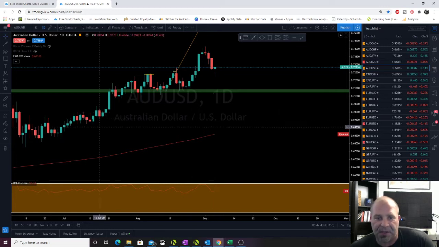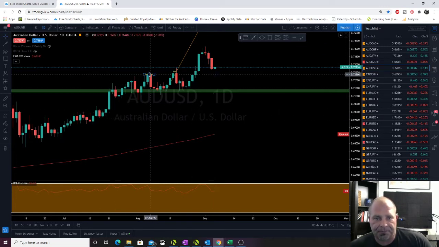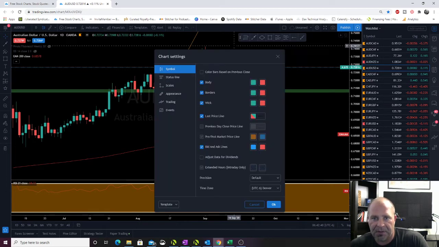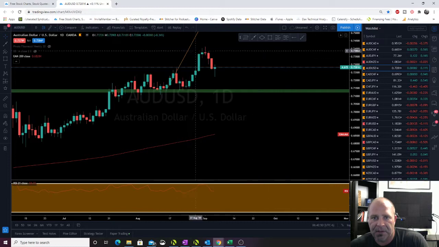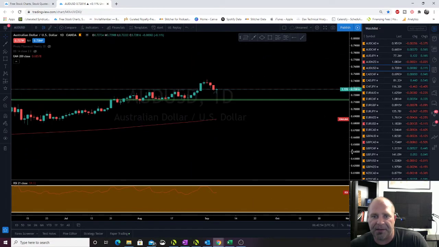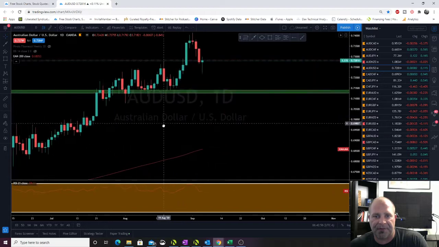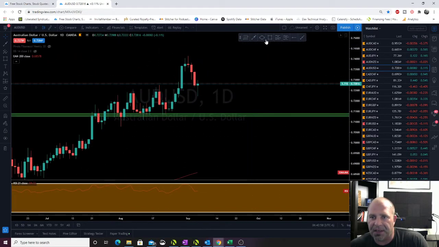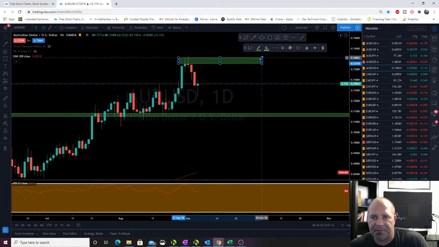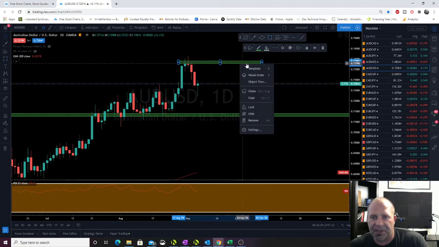Australian dollar, US dollar. I think I like where we have our bullish zone. Let me clean up my charts. All right, I like that. Looks like we got rid of our bearish zone. I'm going to try to just, because that's the most current.